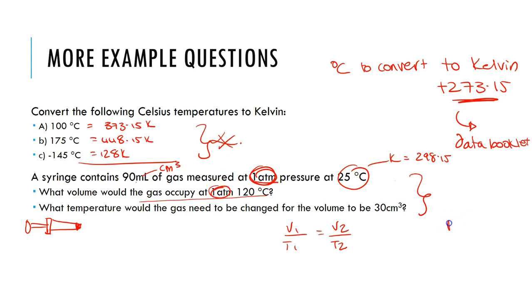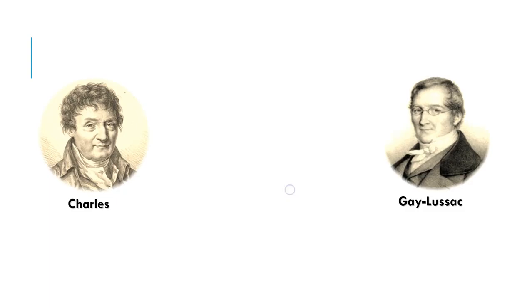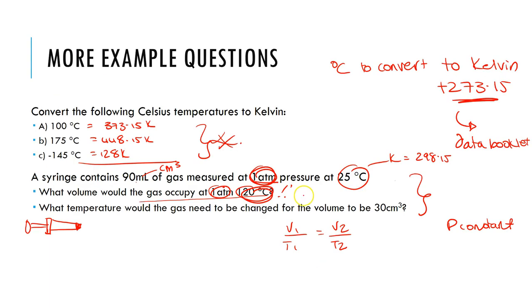And we're asked what volume would the gas occupy at the same pressure. So pressure is constant, which we need for this law, and 120 degrees C. This one, again, need to, sorry about that, pay attention and convert to Kelvin. 120 degrees C is going to be equal to 393.15 Kelvin.